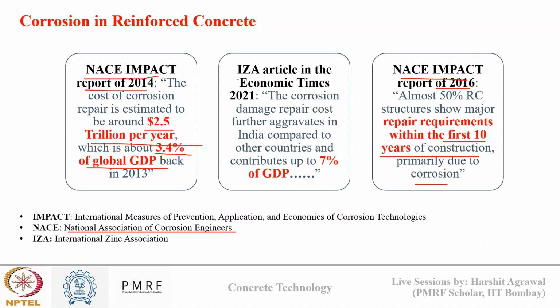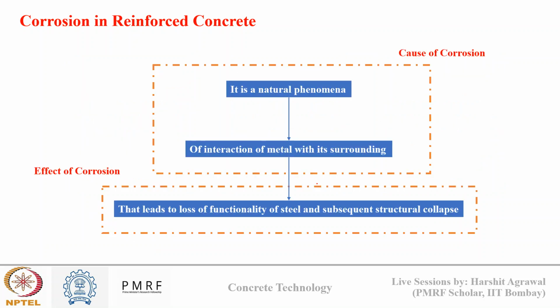Similarly, there is a report by IZA, the International Zinc Association, which has said that the corrosion damage repair cost can aggregate further in developing countries like India, where it contributes up to 7% of the GDP. These numbers show how severe an issue corrosion is for infrastructure development.